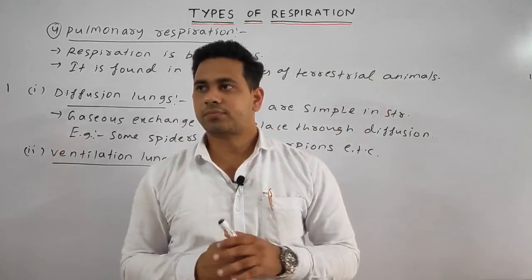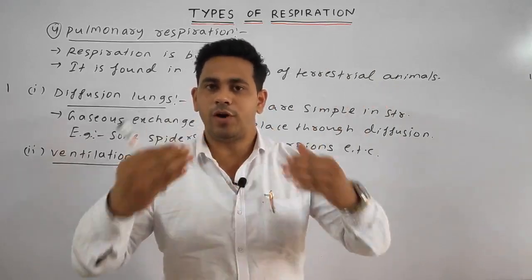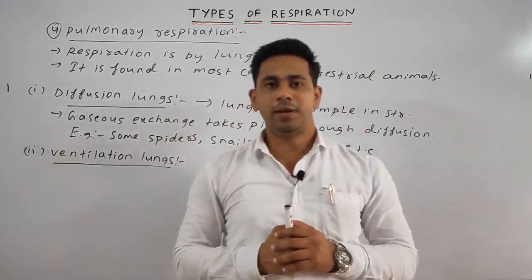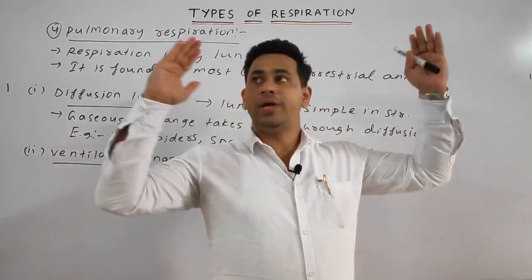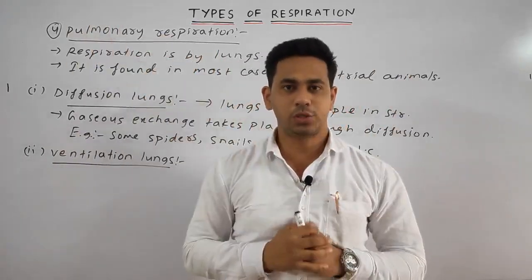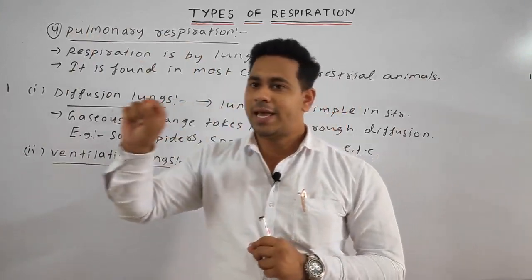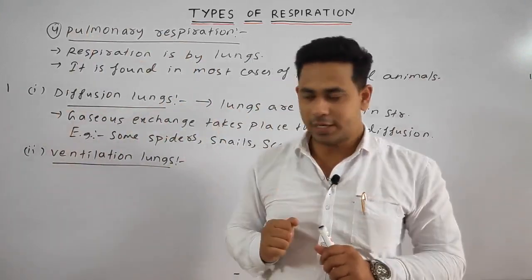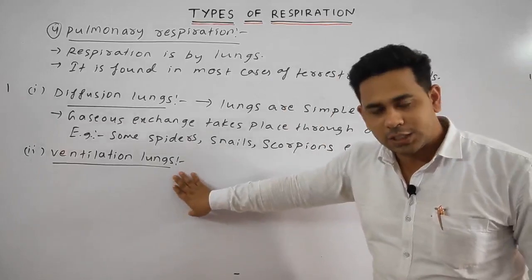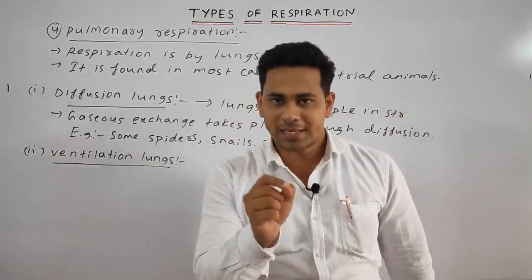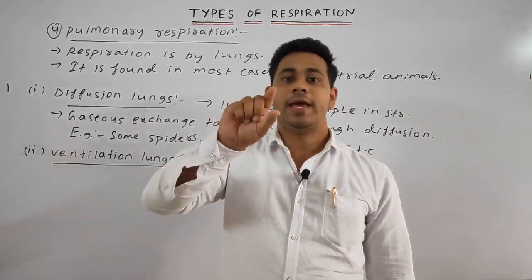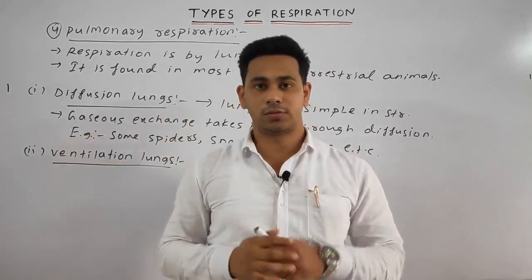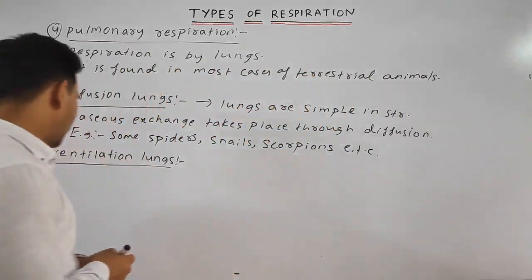Students, see why I have said ventilation lungs. Simply, ventilation means what? In the house we have a ventilator, meaning by which the air can pass. Similarly, in ventilation lungs, the air passes through a tube-like structure into elastic lungs. Okay, let's write the first point.